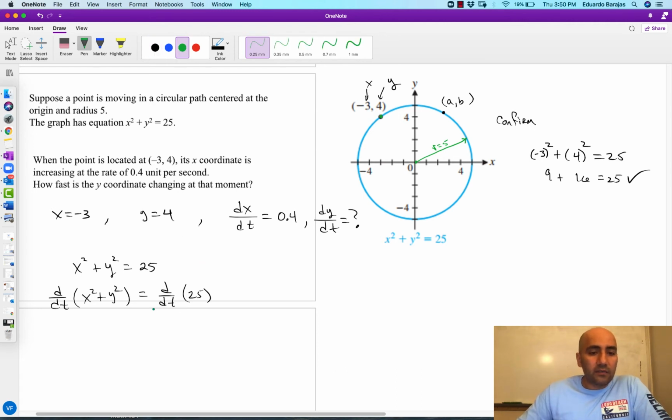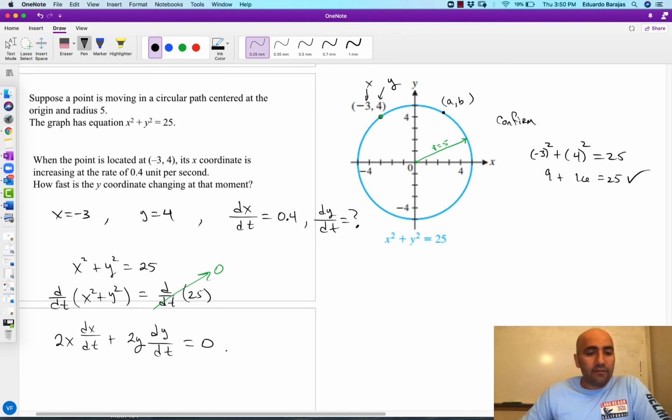Well, that's going to be easy. This is a 0. So this is going to be equal to 2x dx/dt plus 2y dy/dt equals 0.